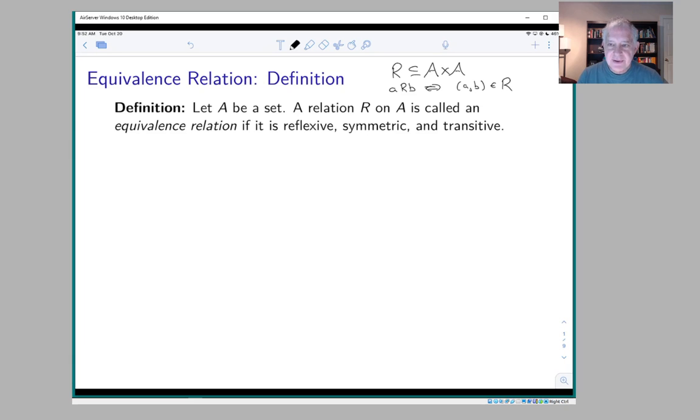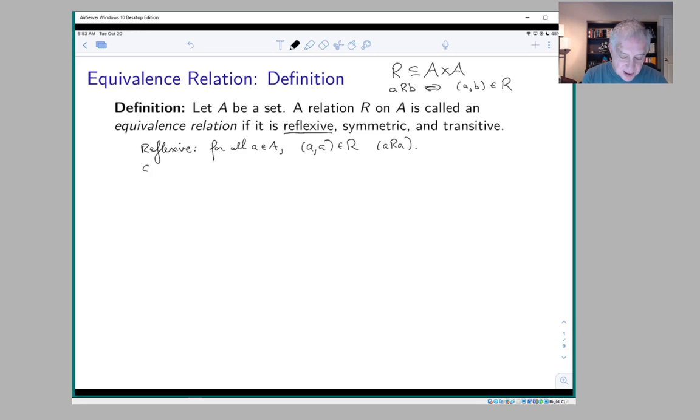And in the previous video, we talked about some properties of these relations: the reflexive, symmetric, and transitive properties. So let's remember the reflexive property. The reflexive property means that for all a in A, the pair (a, a) is in R. Or put another way, aRa.